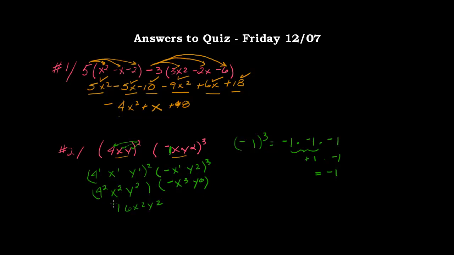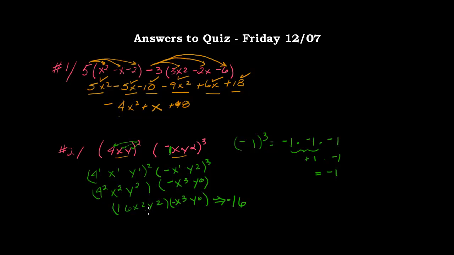And down here then we still have some work to do. So this is times negative x to the third, y to the sixth. Now, we add the exponents. So we're left with 16 times a negative 1 here. So that becomes negative 16.